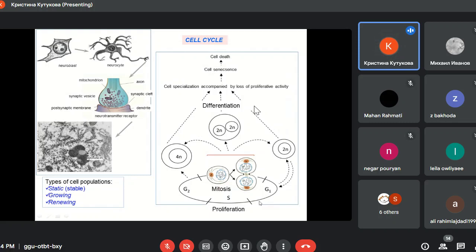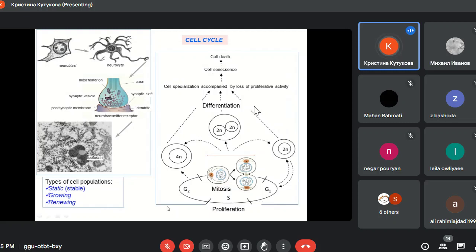Or in this population we can have some amount of stem cells that will divide only when it is needed. Not always, but only in some cases, for example, in the case of damage to tissue.